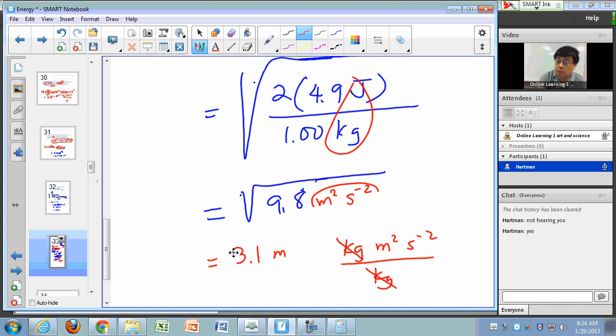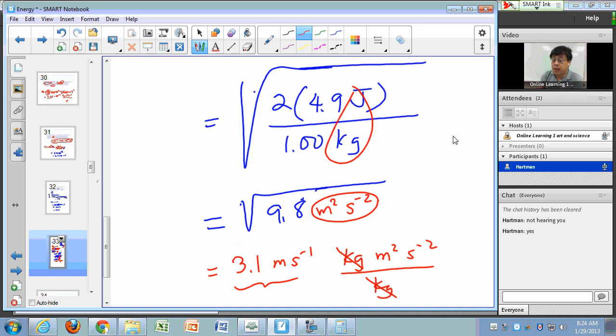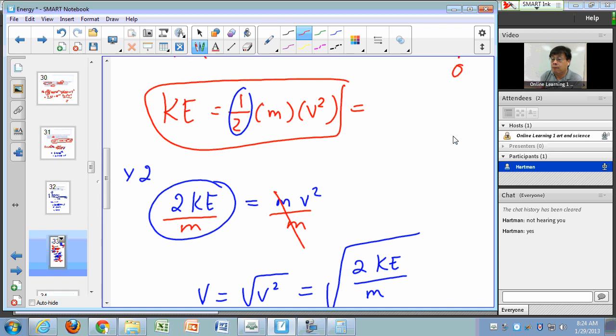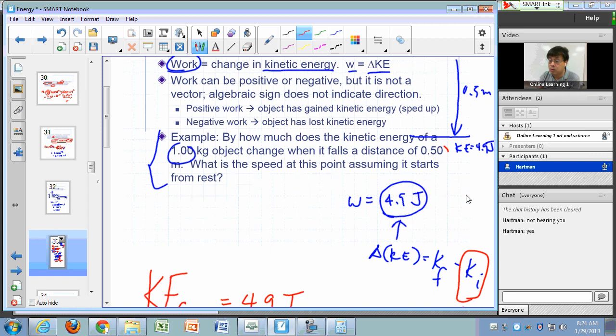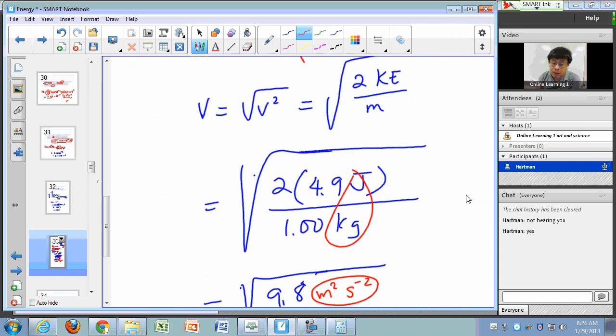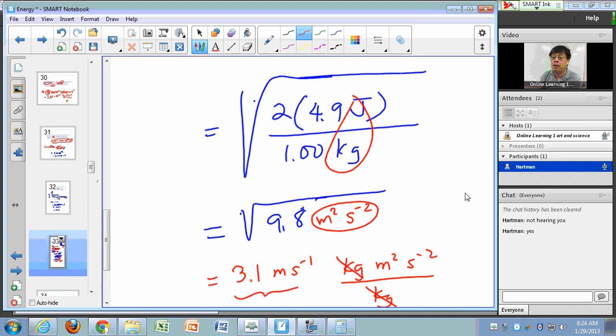And the square root of meter squared per second squared is just meters per second. So my object will now be moving at a speed of 3.1 meters per second. So as it falls, by the time it's fallen half a meter, this particular object would have gained 4.9 joules, or you say it has sped up from 0 speed at the beginning to 3.1 meters per second.